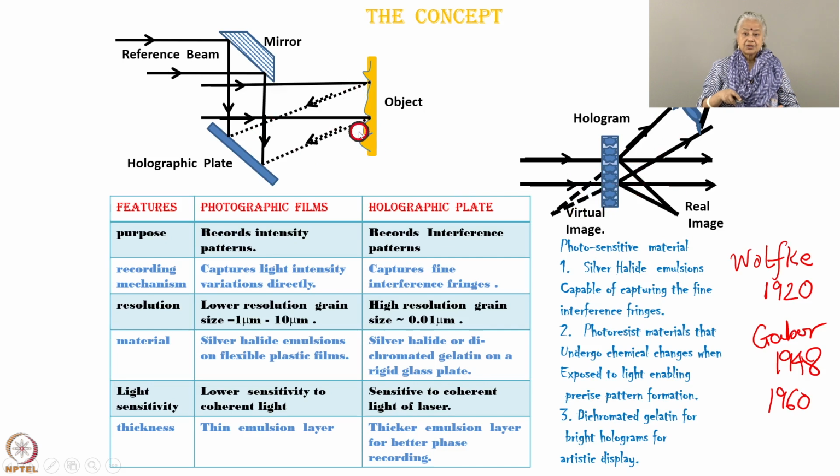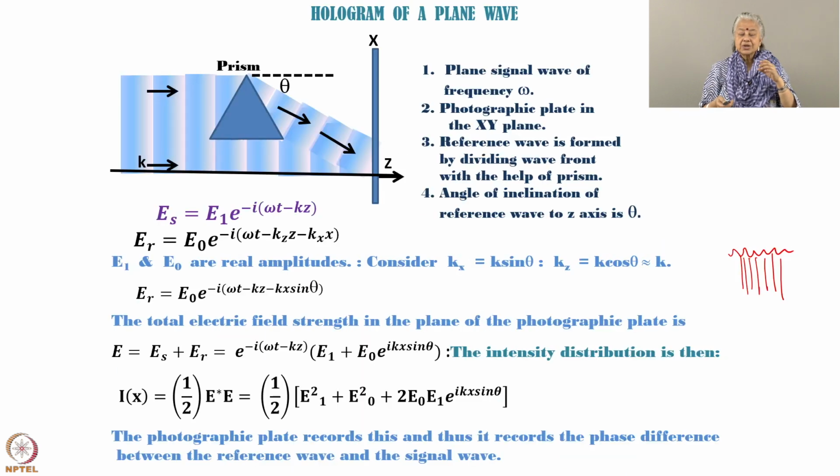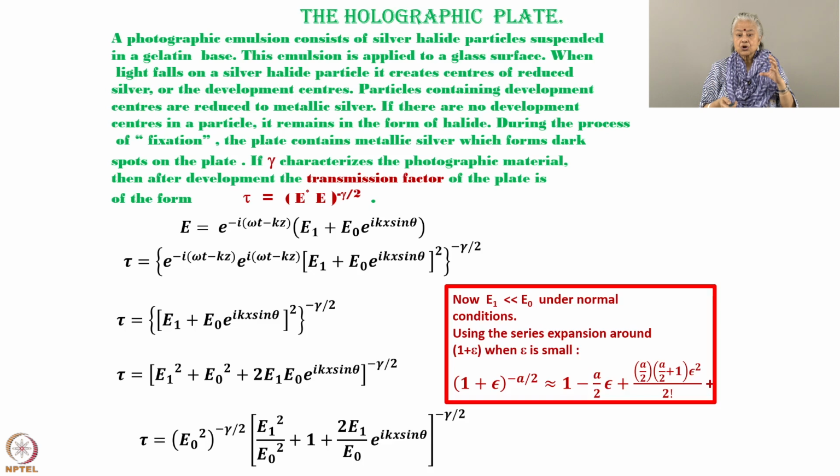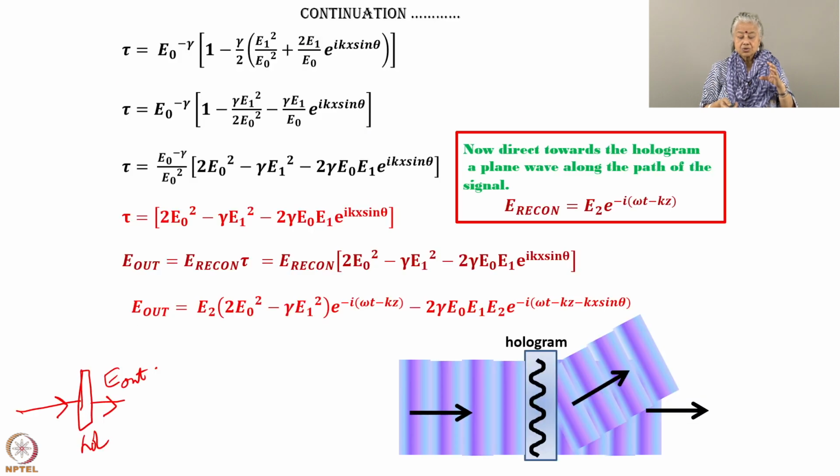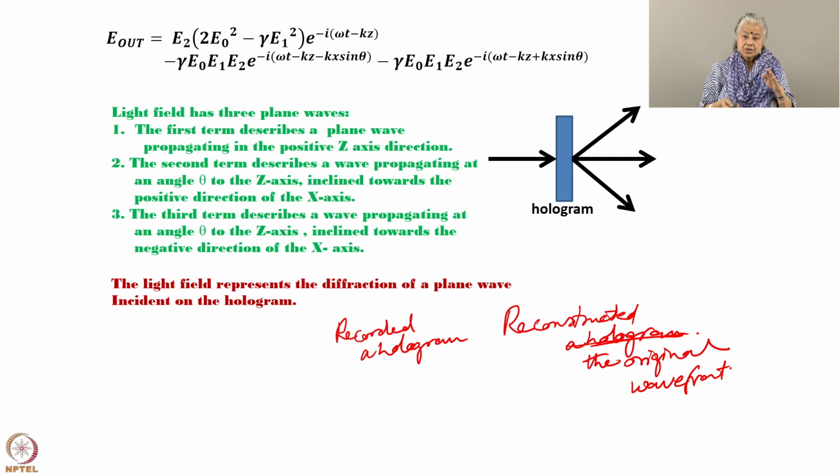We have followed it for a plane wave and then for a spherical wave and then for a larger object, which will give out a phase front which is not exactly spherical, but something like it. So, it gives you the concept of how a hologram is made and how you can reconstruct the image.